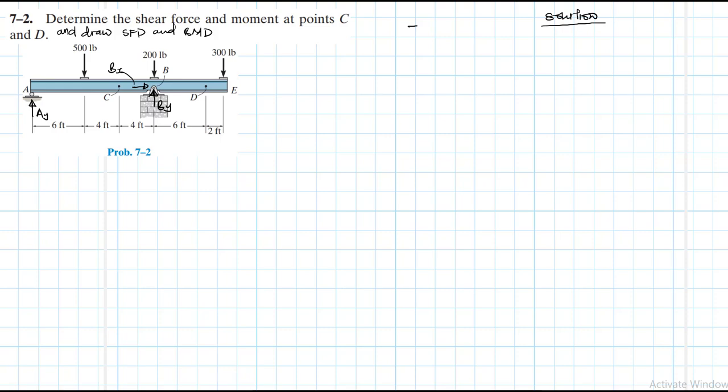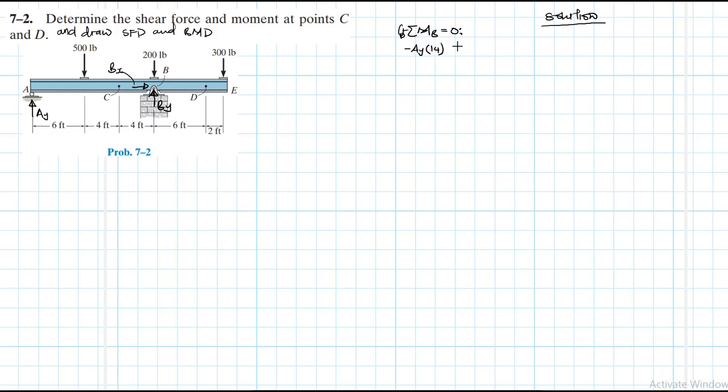So we have summation of moments about point B equal to 0. What do we have? We have a negative moment, AY times, that's the lever arm, 14.